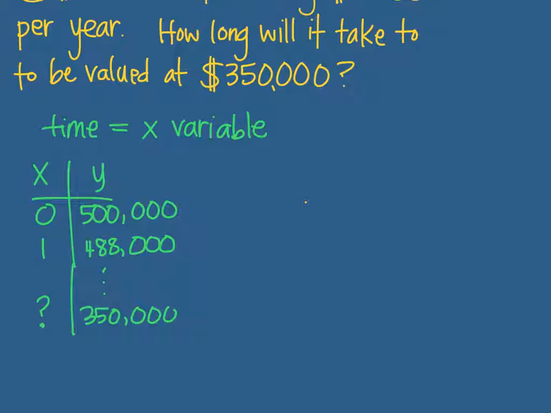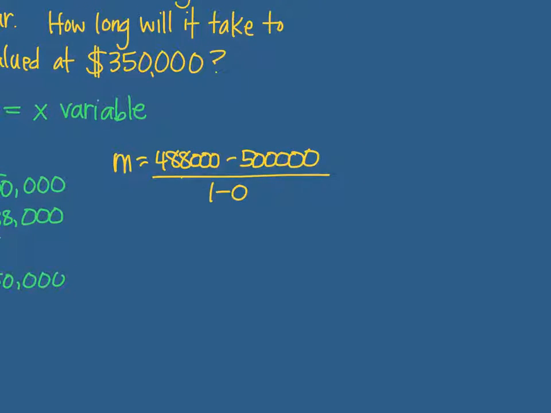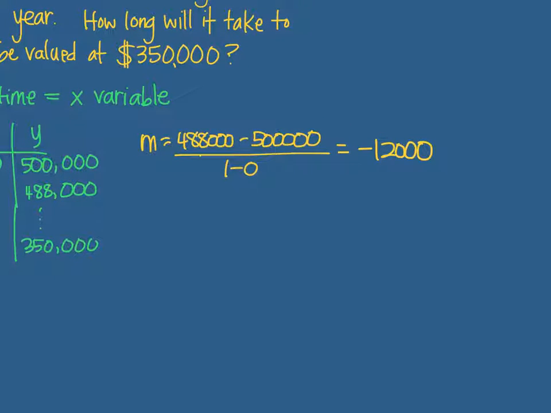Okay, so here's our slope. m equals y2, which is 488,000, minus y1, which is the 500,000, over 1 minus 0. That slope turns out to be negative 12,000, which should make sense to you because it's going down by that much every year, so it's negative. Then we write a line. y minus y1 equals m times x minus x1.